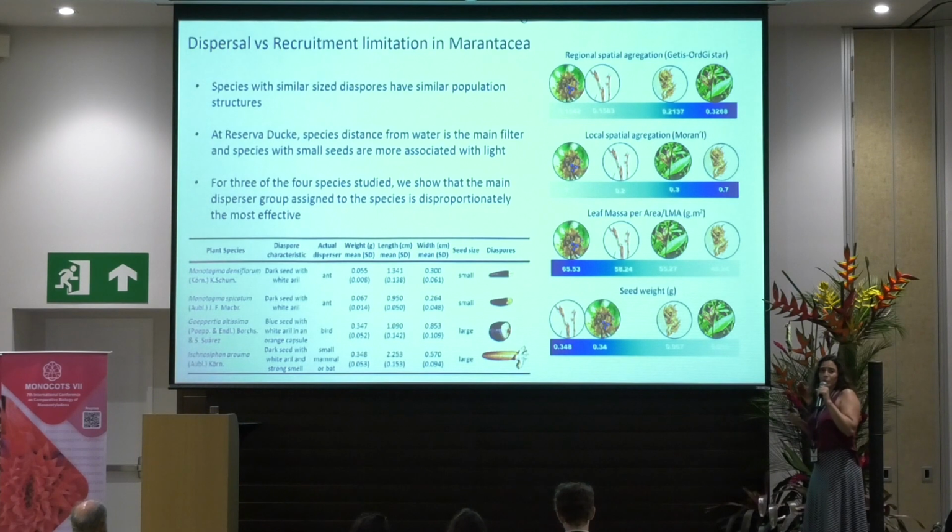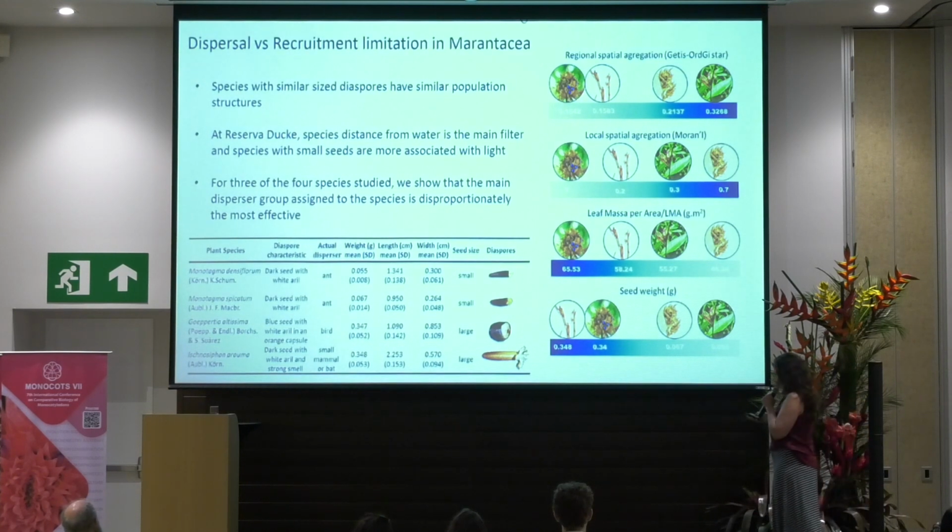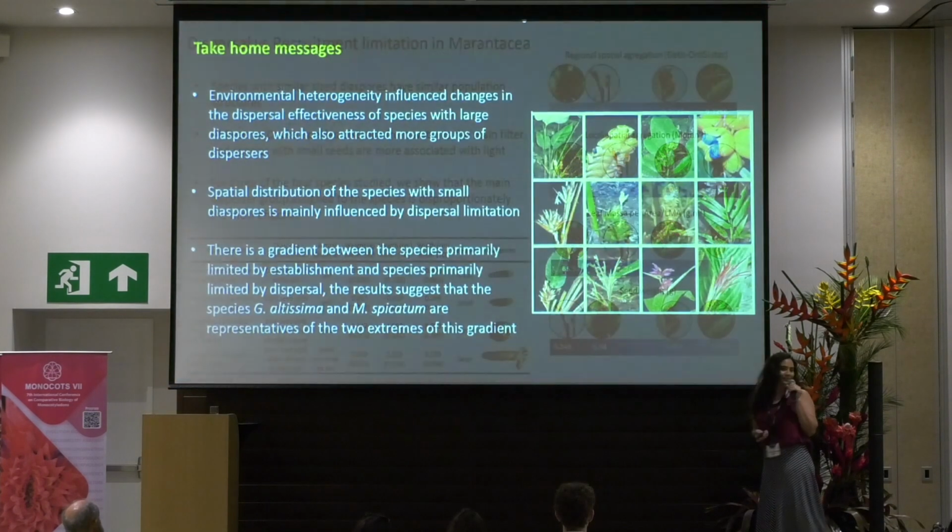This is probably because the environment type is different. Here in Ducke Reserve, you have more open canopy nearest to the stream, so it's more light associated. And this is for the size of the seeds. Okay, next.